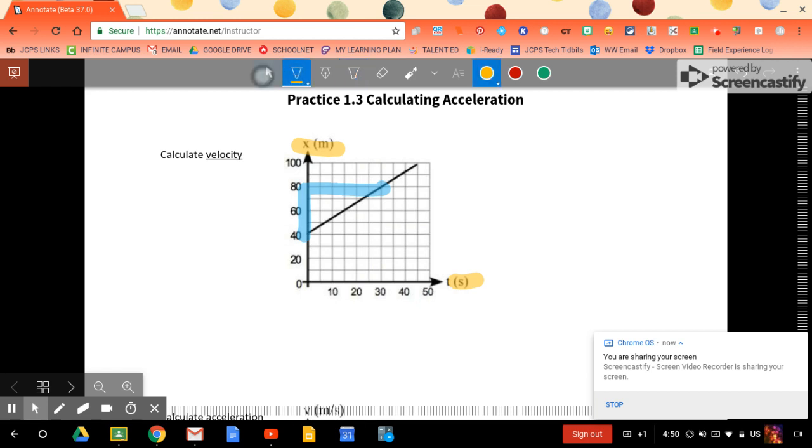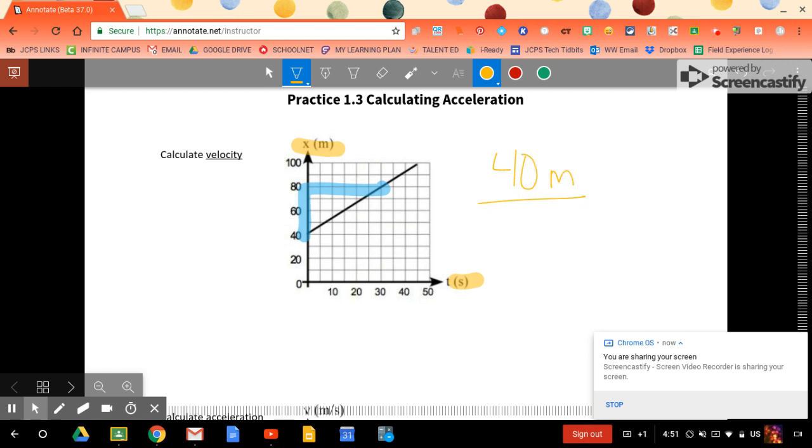So what that means is I'm going up, so my rise over my run. So I'm going up 40 meters. So your rise is 40 meters.